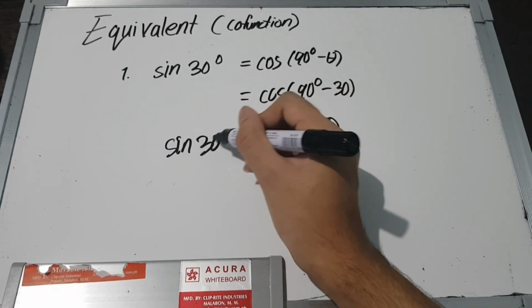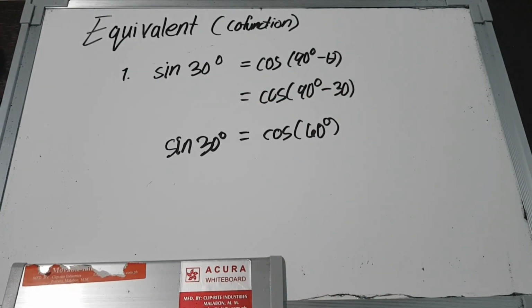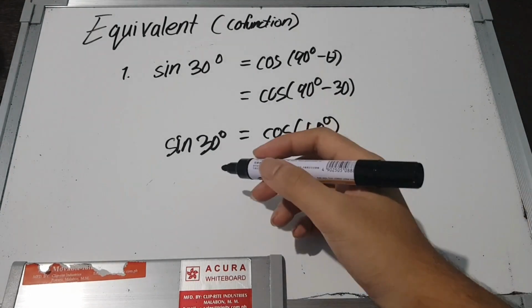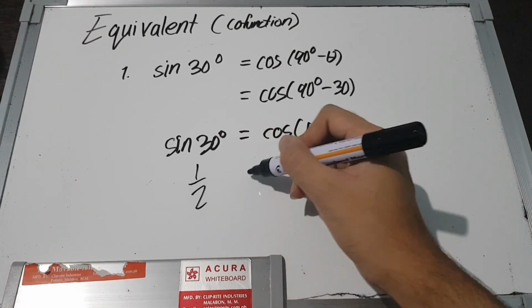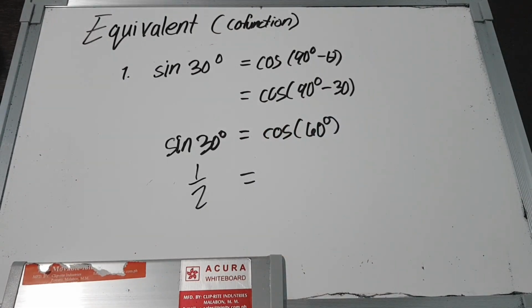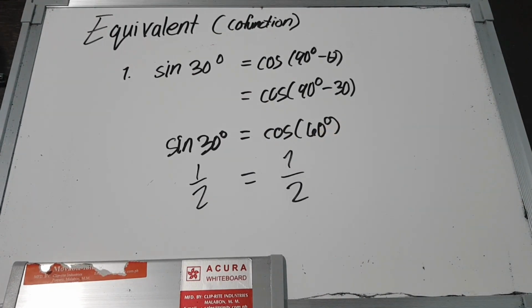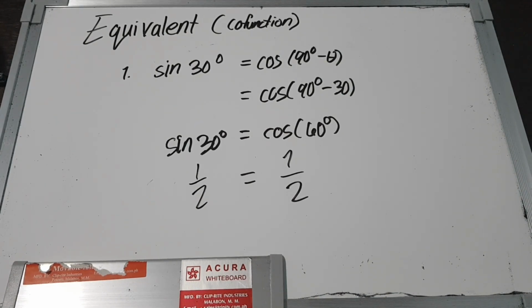Sine 30 degrees equals cosine 60 degrees. If we input this in our calculators, we would know that sine 30 degrees is equal to 1/2, and cosine 60 degrees is also equal to 1/2. This means that sine 30 degrees is indeed equivalent to cosine 60 degrees.